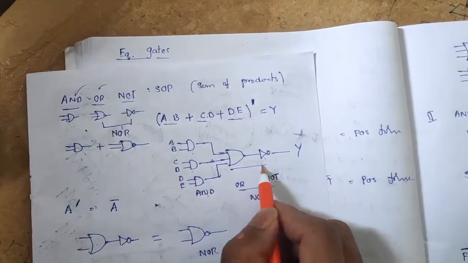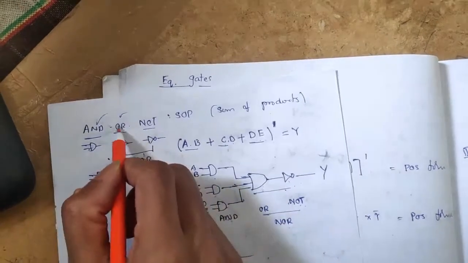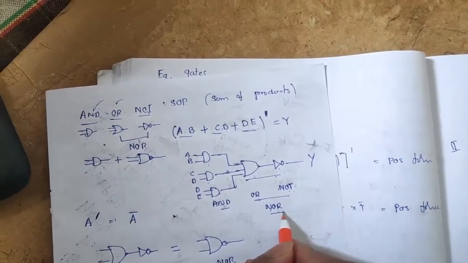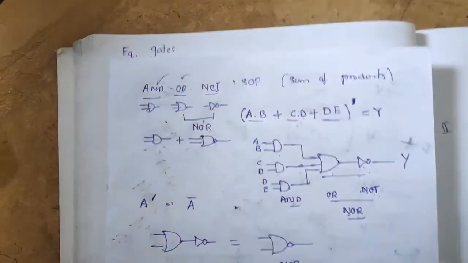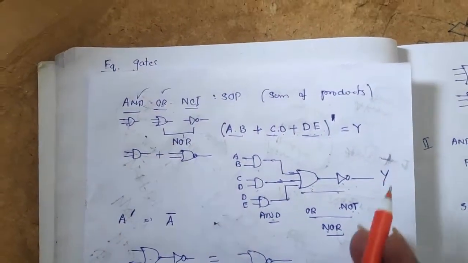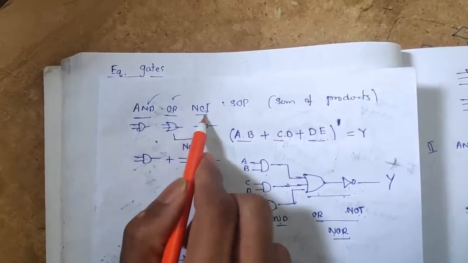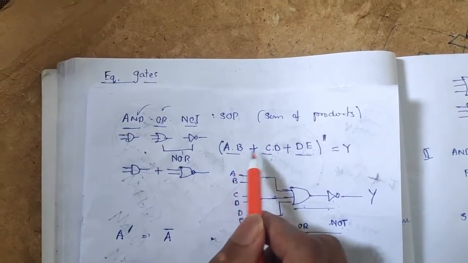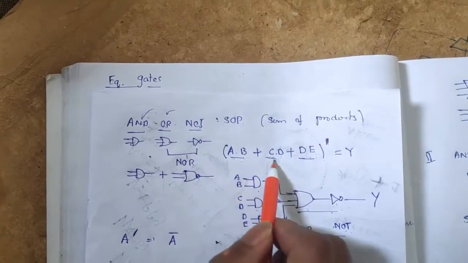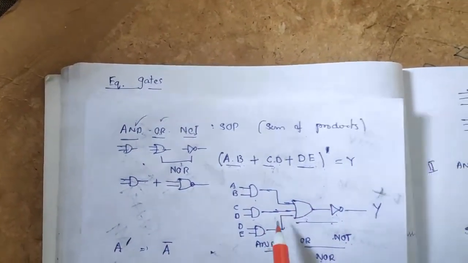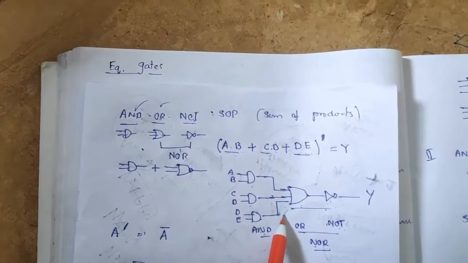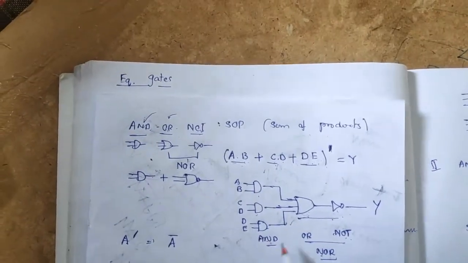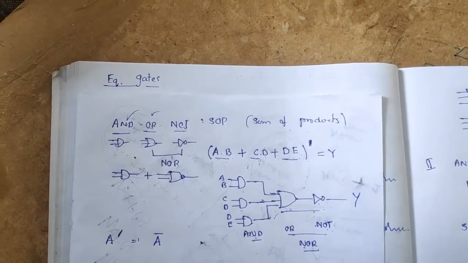So an OR and NOT gives a NOR gate, and this form becomes AND and NOR logic. So you know AND, OR, NOT falls under SOP, that is the first point. Second point, the function is always in sum of products. Third, you know how to represent the function as a digital circuit. Later you can convert this function into NOR gates, that's also not a problem. Then your circuit becomes AND and NOR.